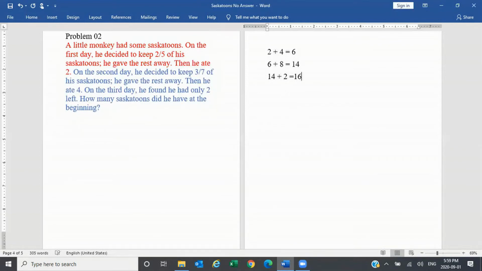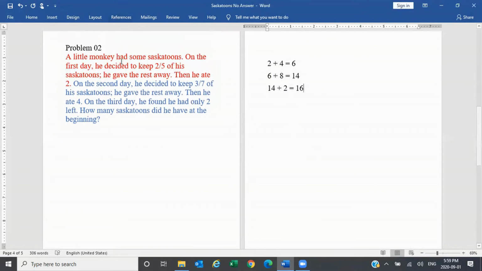Equals 16. I forgot to add the space. Okay. And it says he decided to keep 2/5 of his saskatoons, so we're going to actually have to make the 2/5.